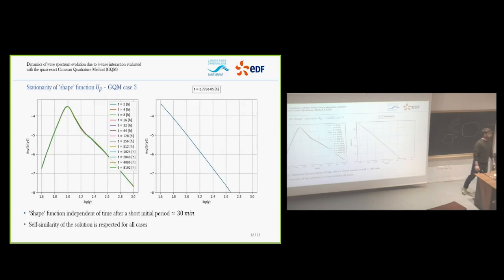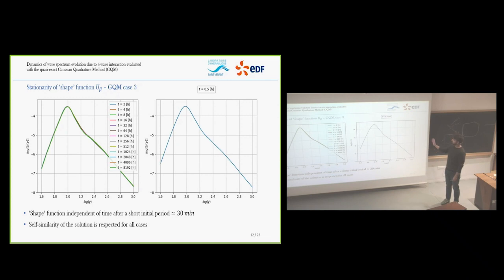So here is the result for case 3 simulated with GQM. You can see an animation throughout the whole simulation and a superposition of different time steps. What we see is that there is a beginning transient period, I would say, that lasts around half an hour, during which the function u changes a lot.